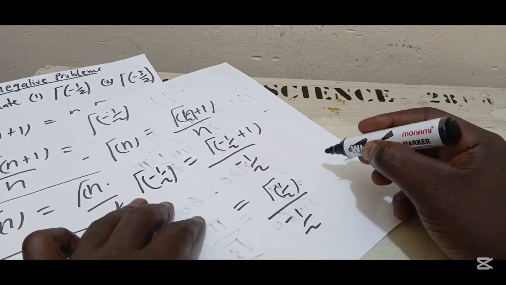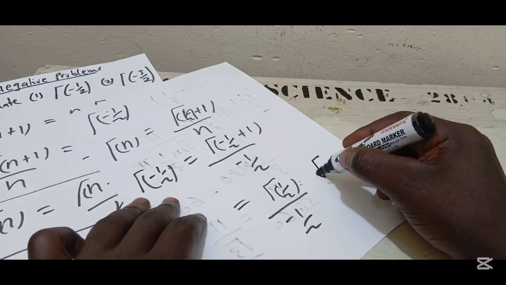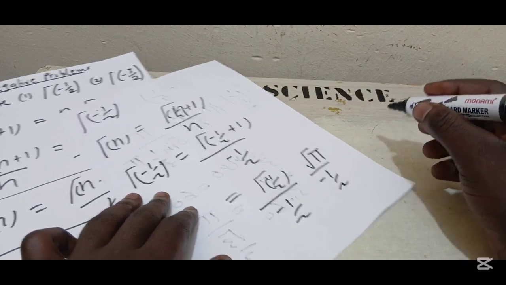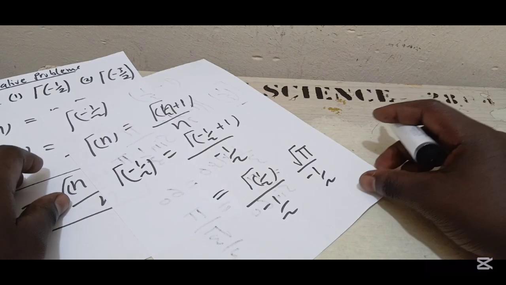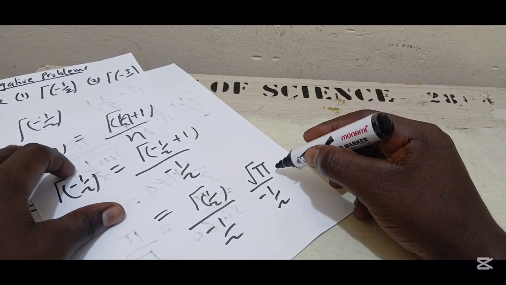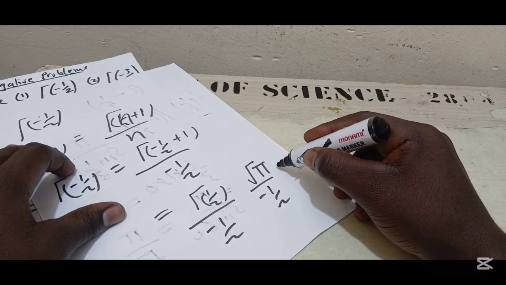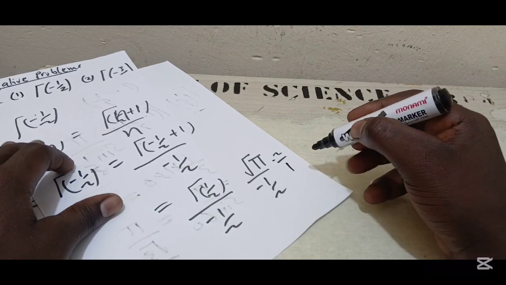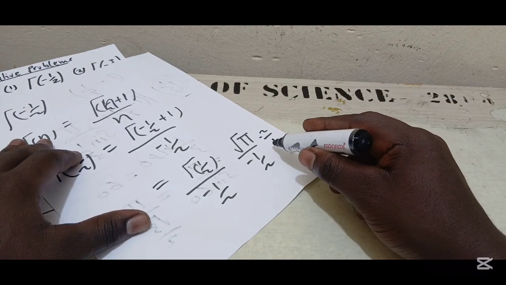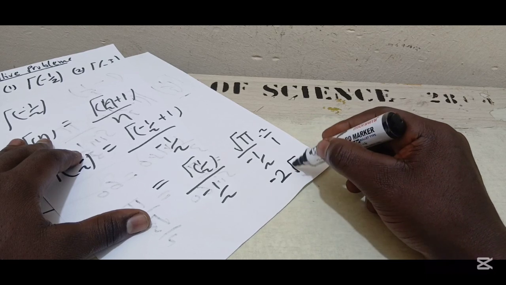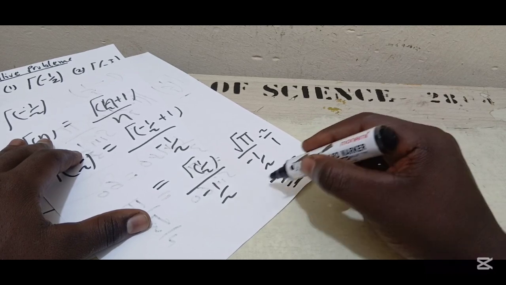And gamma half is a constant which is square root of pi. So it's square root of pi over minus 1 on 2. So how do we simplify minus 1 on 2? This one we want to multiply to, so let's turn it upside down. We're going to get minus 2 on 1. So at the end of the day, we are going to get minus 2 root pi. So this will be our final answer.